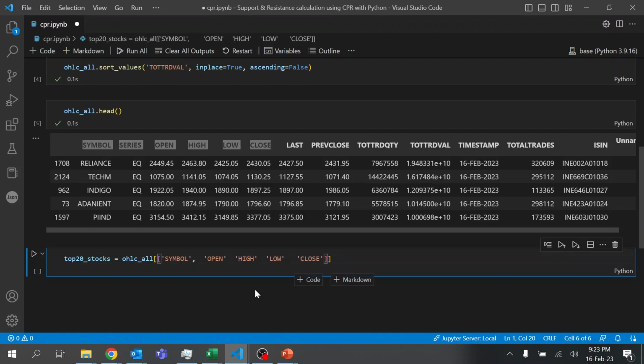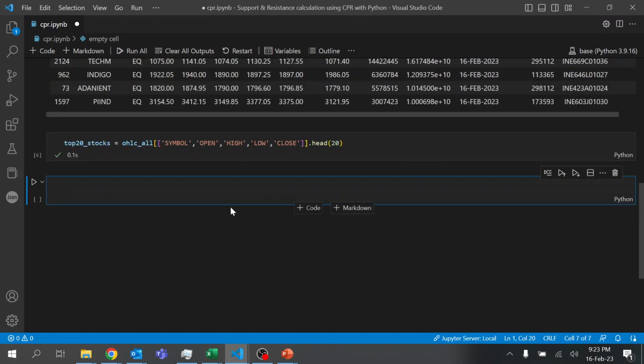Yes, let's put a comma, comma, comma. And let's remove the unwanted spaces. And let's pick out the top 20 stocks, head of 20.